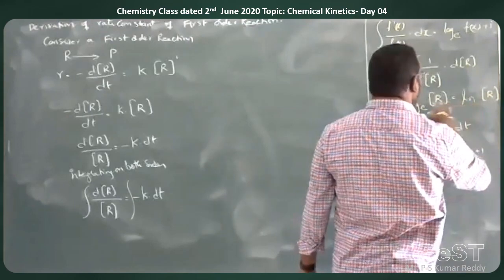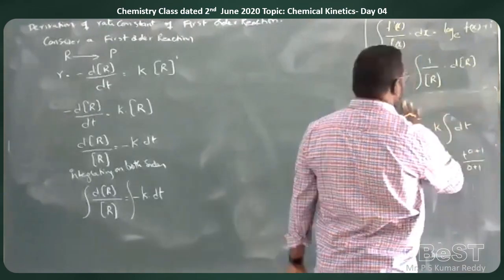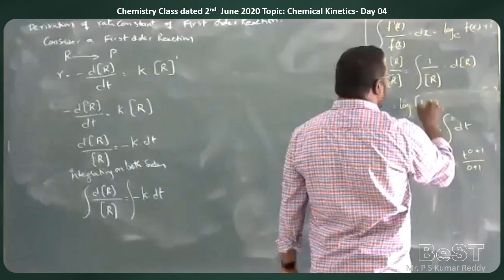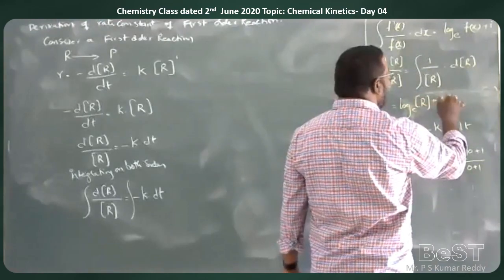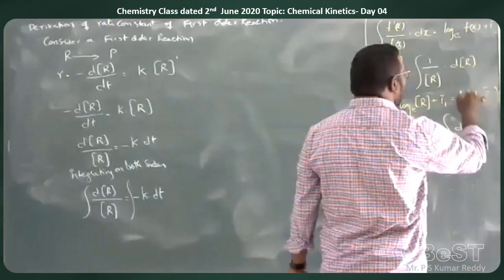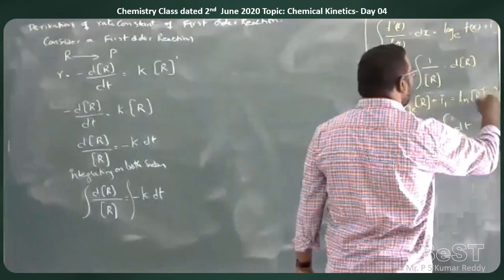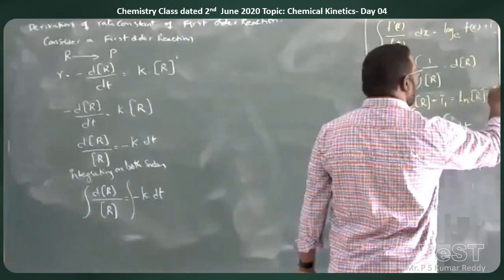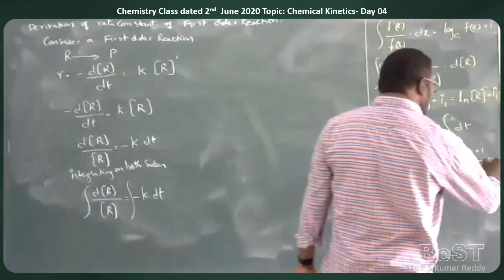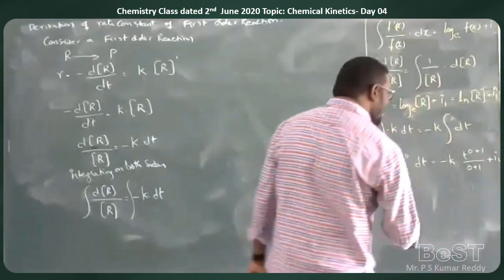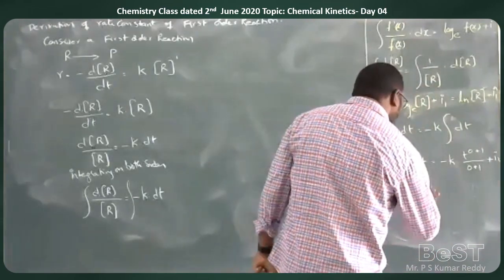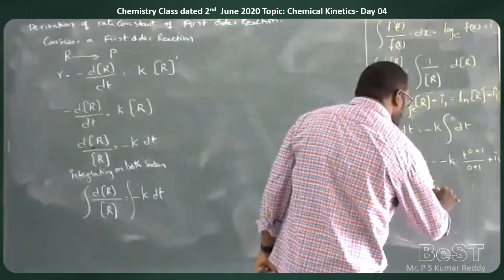Here we will be getting log of R to the base e plus I1, which can be written as ln of R plus I1. Plus I2 here. That means we'll be getting minus kt plus I2.